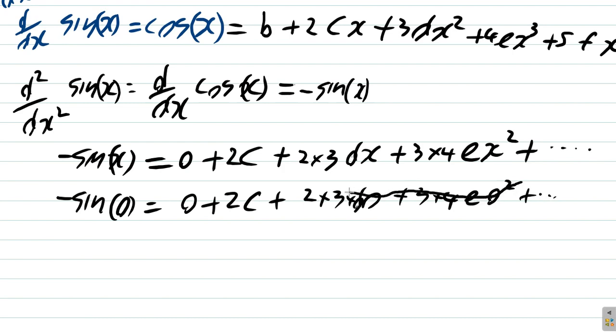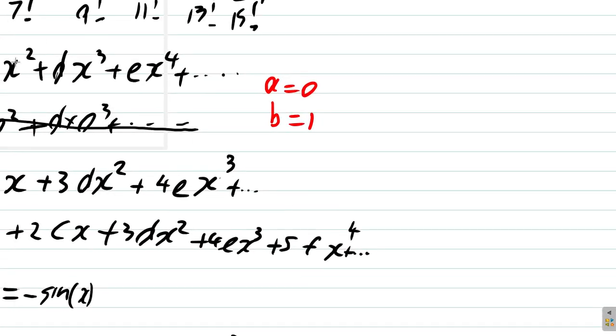So here, 2c is what you have. What is the sine of 0? It is 0. So 0 is equal to 2c. So c would be 0. See that? So let's write it down here. So c is equal to 0.